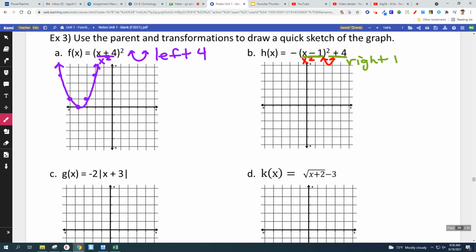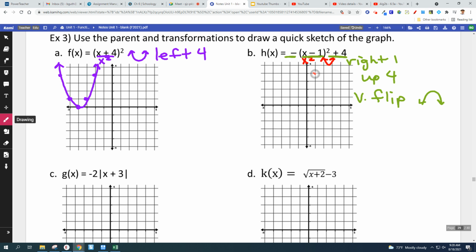And what's this plus 4 do? Up 4. And what's this negative in the front do? The negative is a vertical flip. So my parabola shape is actually going to be upside down now.